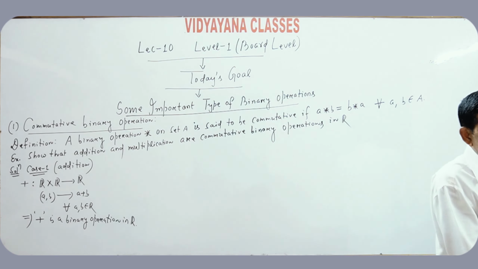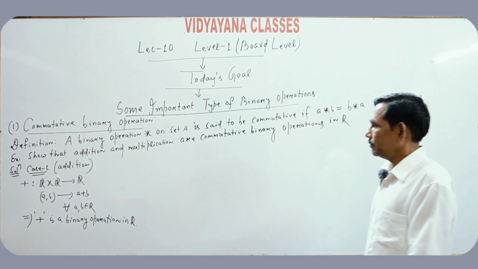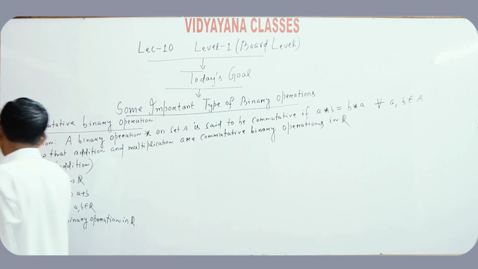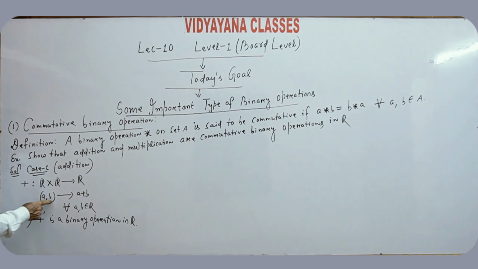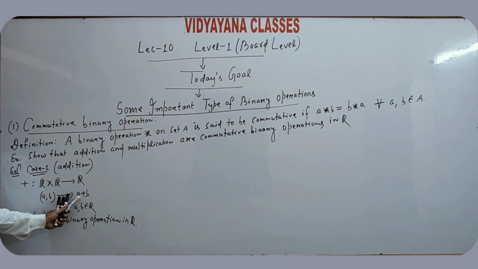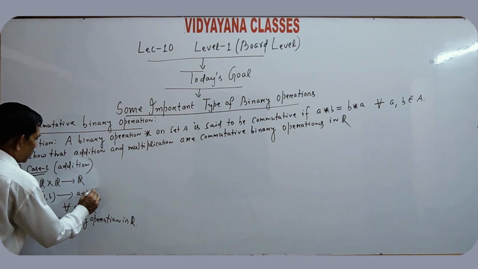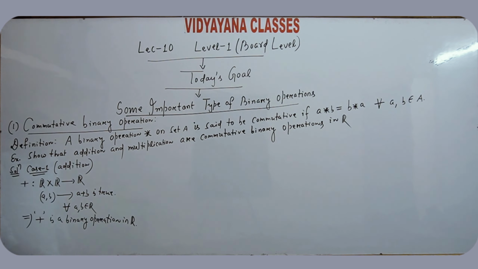Addition is a binary operation in R, since the plus sign operates on AB ordered pair and gives A plus B in R. Is it true? It is always true, for all A and B belongs to R. Therefore, addition is a binary operation in R.